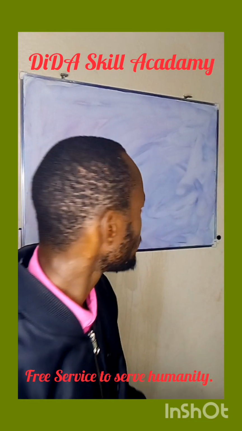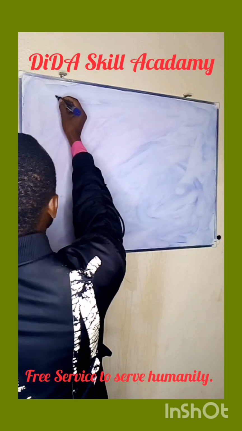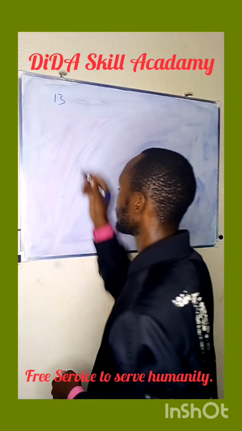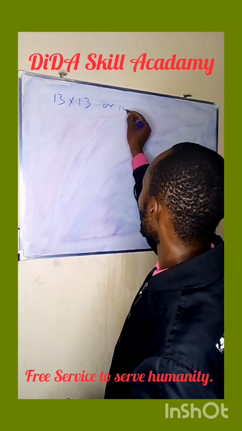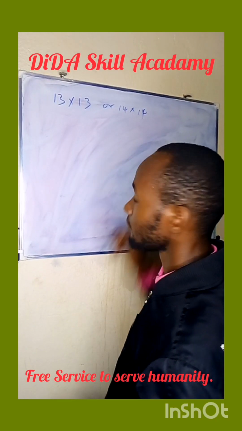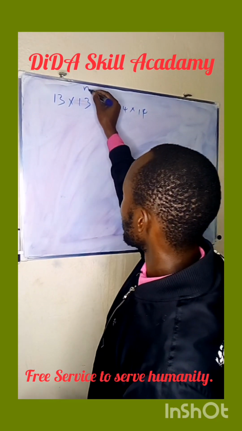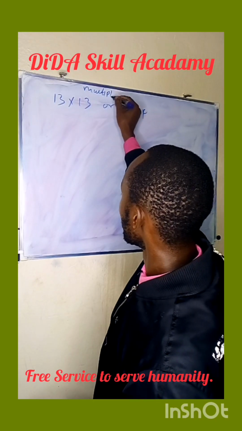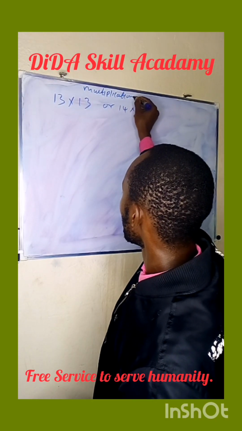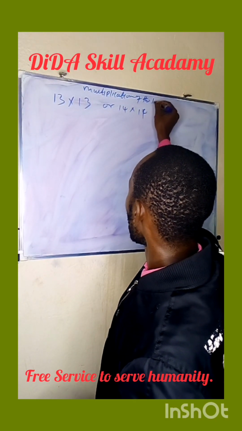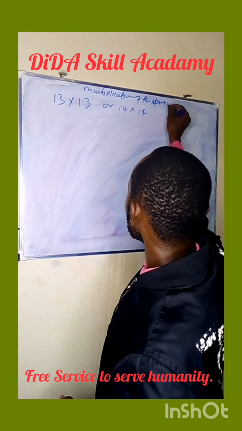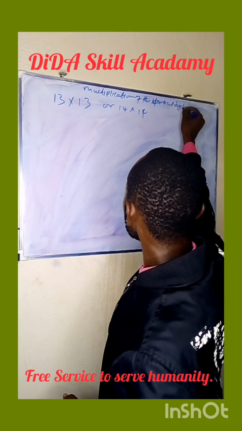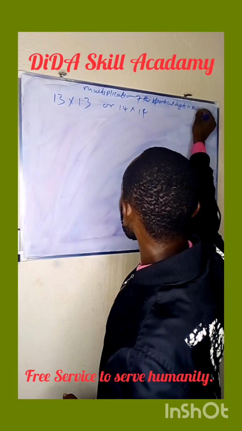For example, 13 times 13 or 14 times 14. The multiplication of the identical digits or numbers.